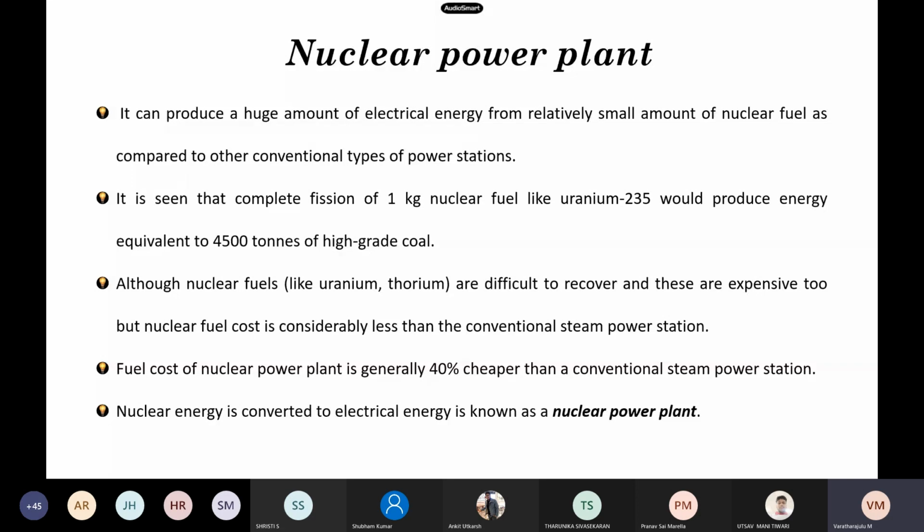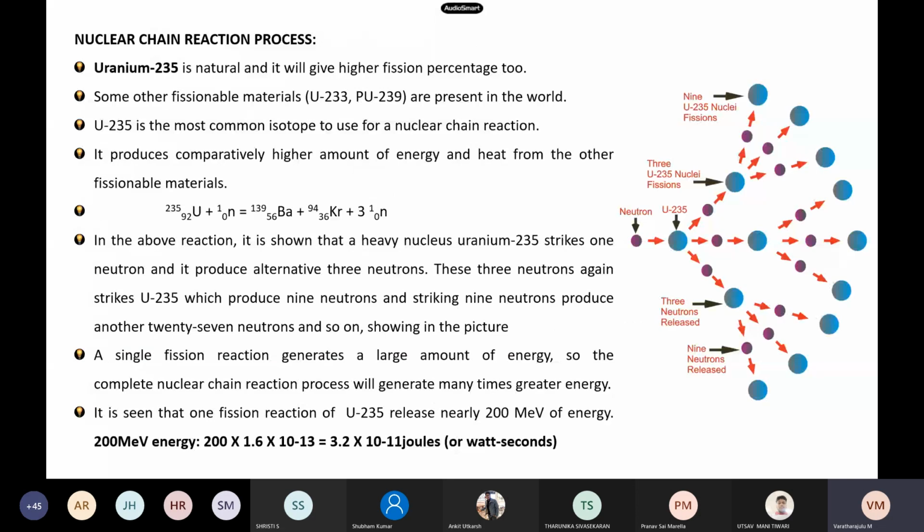And this is the chain reaction. See, when a neutron bombards uranium 235, what happens? It releases enormous energy and fission products. We get two smaller nuclei along with three neutrons, and it continues and propagates.